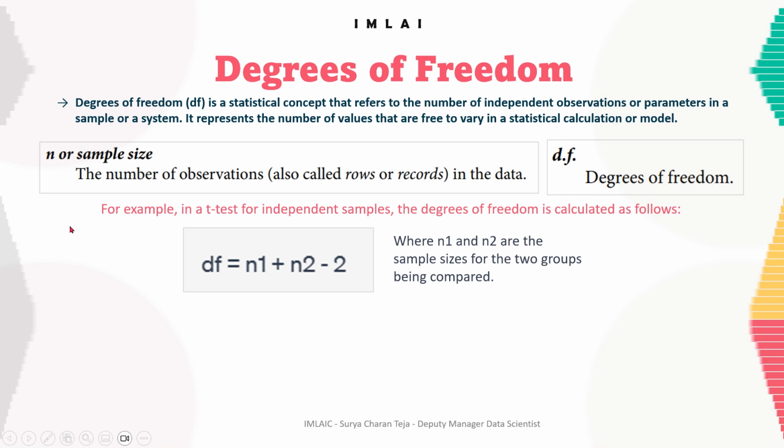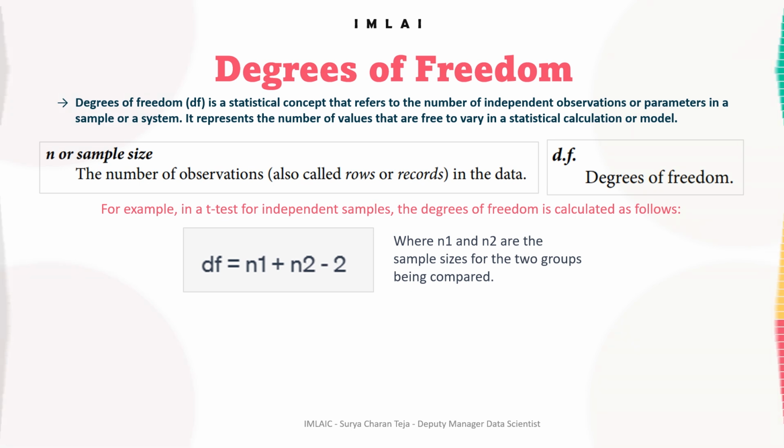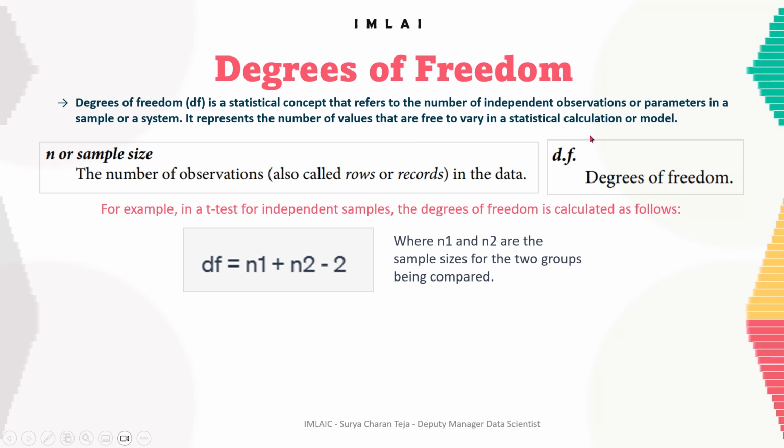As we have discussed earlier, n or sample size is nothing but the number of observations, or you can call it the number of rows, or the number of records in the data. And df is the notation used to represent the degrees of freedom.